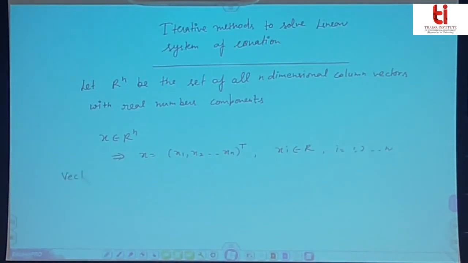So let us define vector norm. A vector norm on Rn is a function from Rn into R, with the following properties.